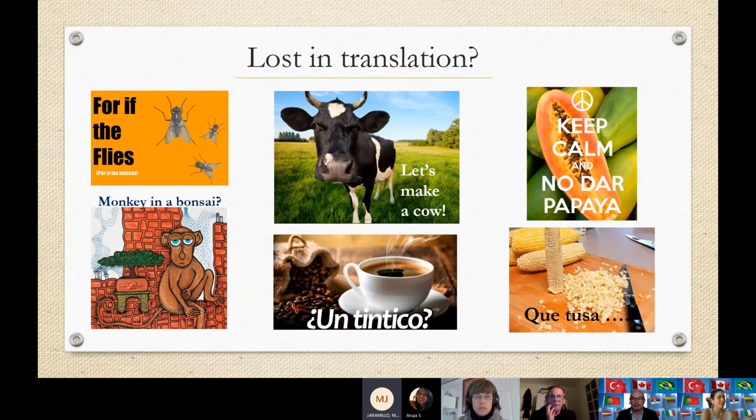So yeah, when we arrive here, the first thing that happens is we think we know English, right? We might know academic English, but we're totally lost in translation because we Colombians use a lot of slang to communicate our ideas, our mood, our opinions. So that was one of my first impressions.